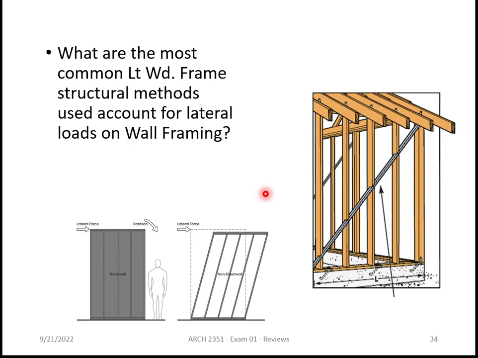They used to only sheathe the corners of the building, putting one 4x8 sheet on each corner. But OSB has gotten cheap enough, and it makes such a sounder building, they just sheathe the whole building. So now when you go out there in suburbia, you'll see framing with sheathing all the way around, and that resolves that racking.